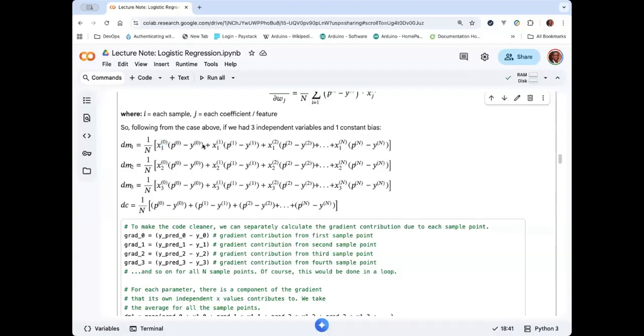So for the first data point, which has this superscript of 0, you multiply it by x1 of 0. You add it to the error contributed by y hat minus y times the x1 of the next data point.